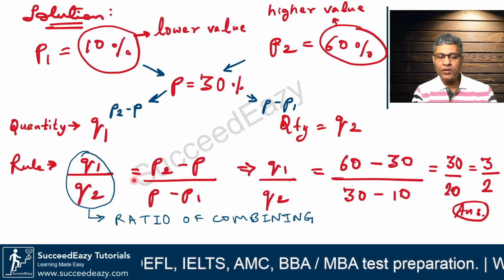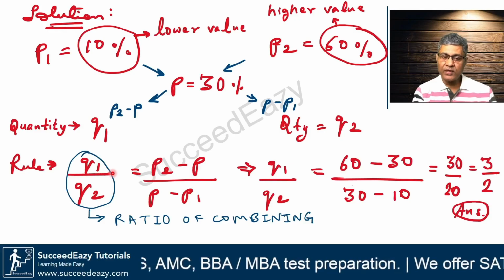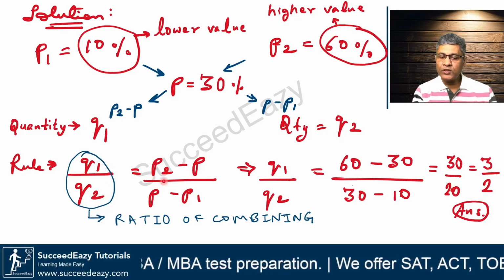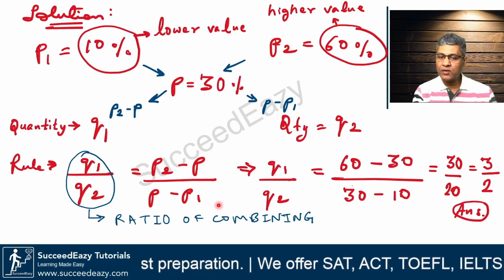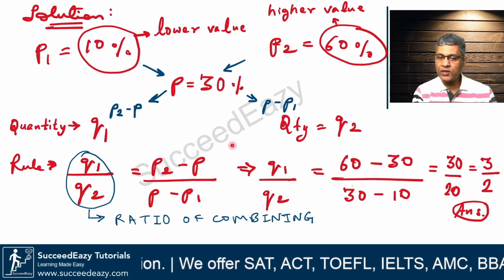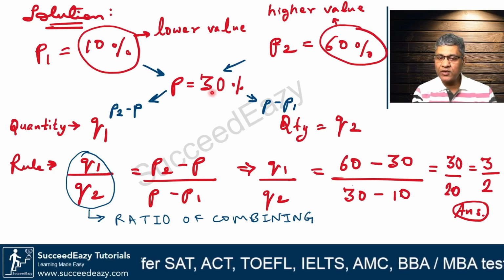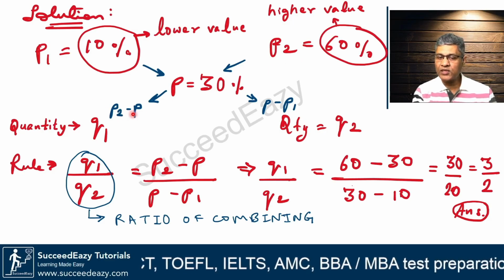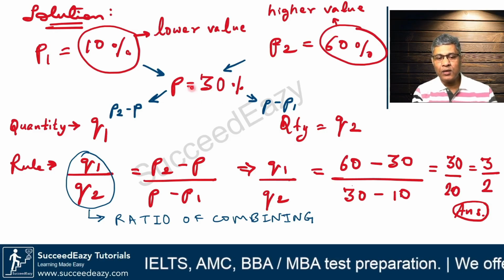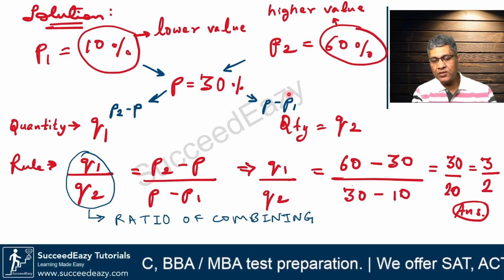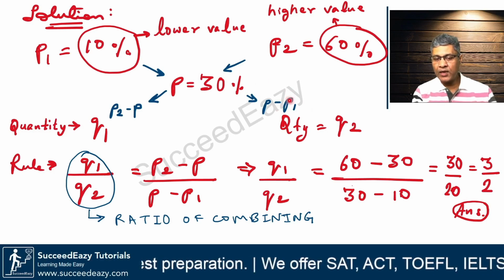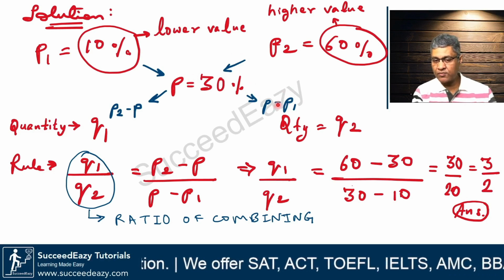How? We will use that formula straight away. Q1 upon Q2 is P2 minus P divided by P minus P1. Even if you look at the visualization, you still get the same thing. P2 is greater than P, so here you will get P2 minus P. And here, since P is greater than P1, the difference would be P minus P1. And later you can substitute 30% for P, right?